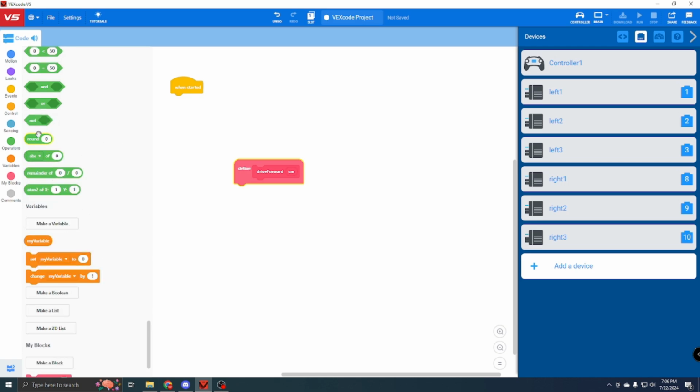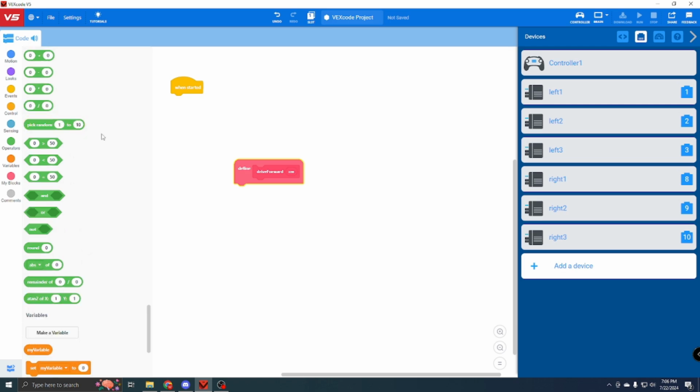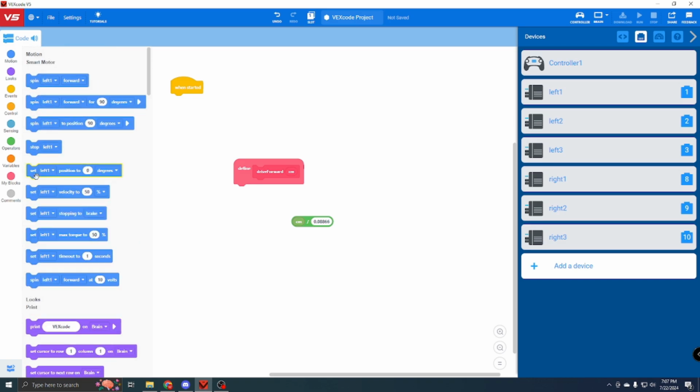So what we're going to need to do is we're going to have to use an operator, right? We said that our input in centimeters has to be divided by 0.08866. Right? So here's our divide operation. We're going to use centimeters, and we're just going to input that number, 0.08866. And then here is going to be the annoying part.